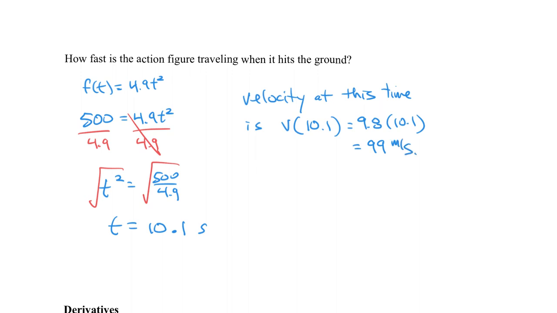Pretty fast. If you do that quick conversion and multiply 99 times the square root of 5, you'll find out that thing is traveling right around 220 miles per hour or so, 221 miles per hour. Pretty fast.